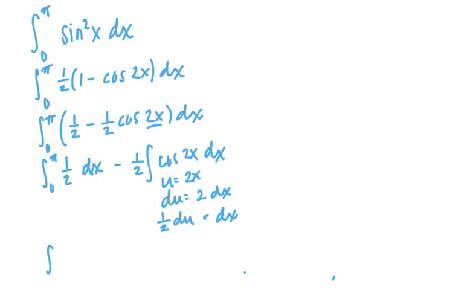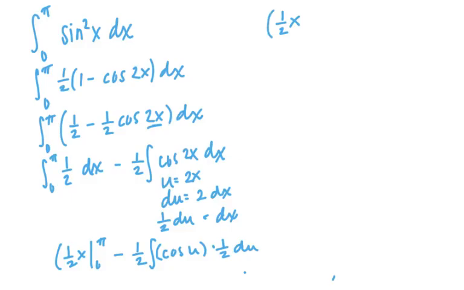So we've got the integration. Let's go ahead and integrate that. The integration of 1/2 is 1/2 x from 0 to pi minus 1/2 the integration of cosine of u times 1/2 du. So those two 1/2s make 1/4. So we have 1/2 x from 0 to pi minus 1/4 the integration of cosine of u du.